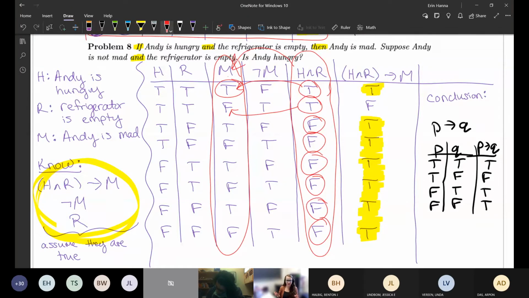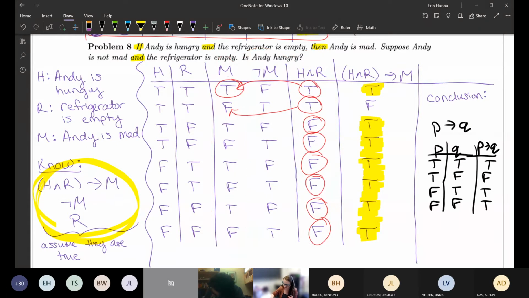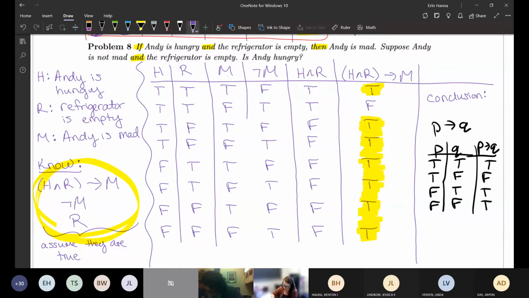I'm a little iffy on saying just do that right ahead, but if it helps you, you can think about it that way. It's just that most mathematicians would get mad at me if I said that that's exactly what's going on. But if that helps you, thinking that the only time you really have to pay attention to an implication is when it starts with a true, then I will let you do that.